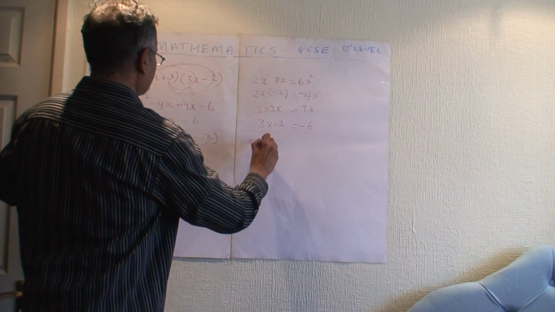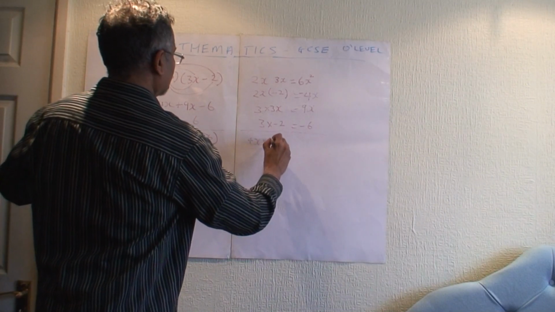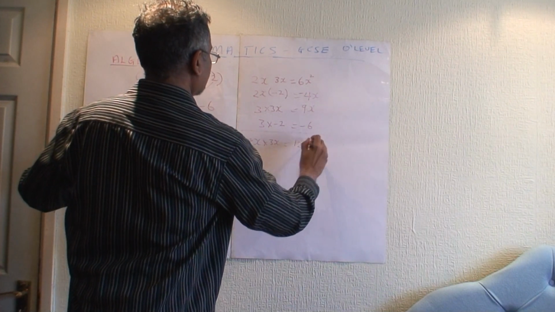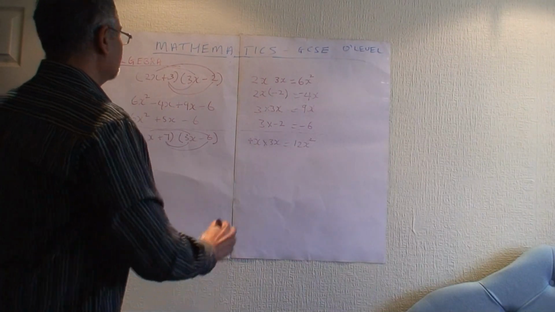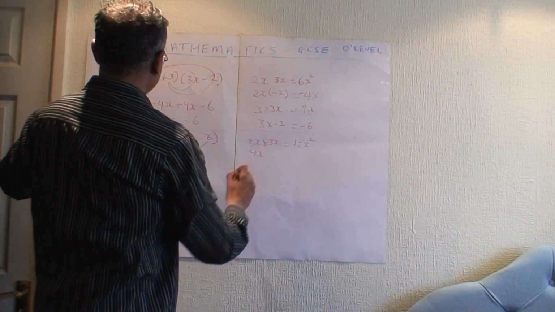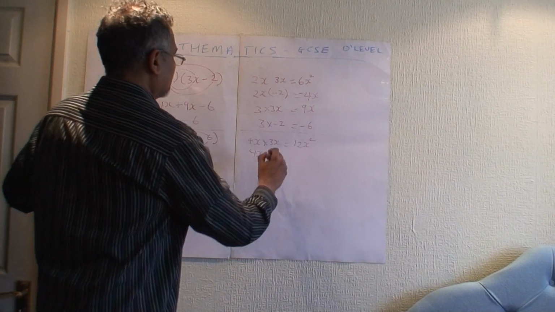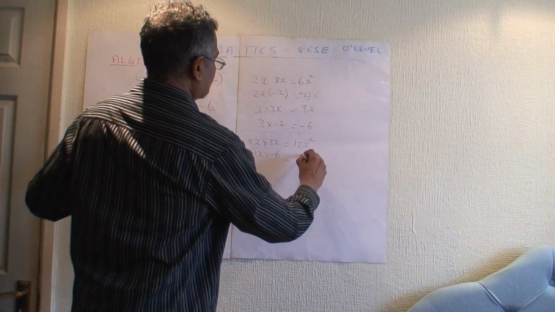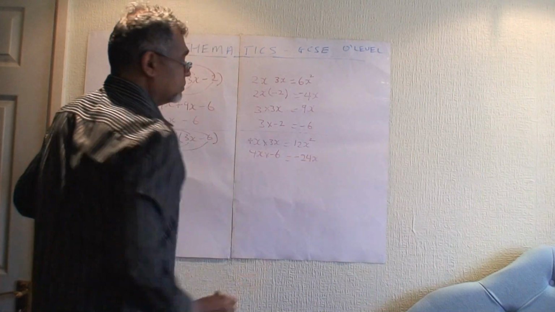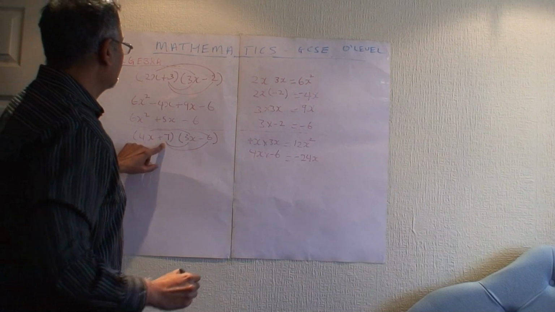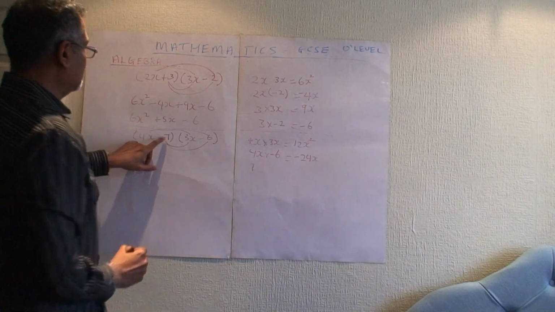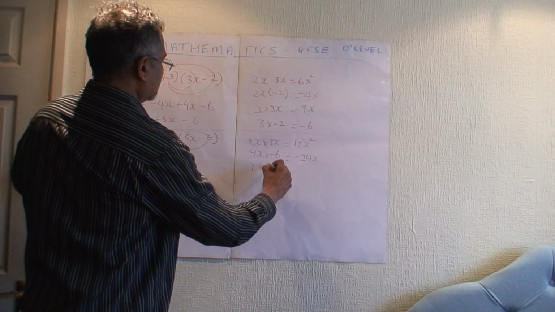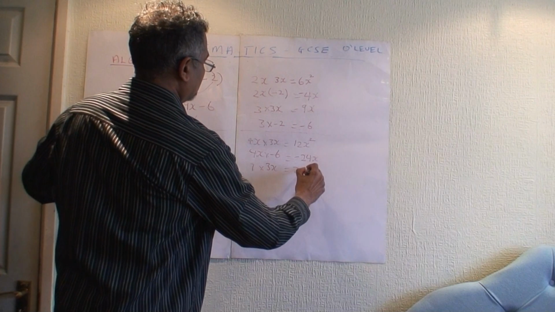So 4x multiplied by 3x is 12x squared. 4x multiplied by minus 6 is minus 24x. 7 multiplies by 3x, 21x.